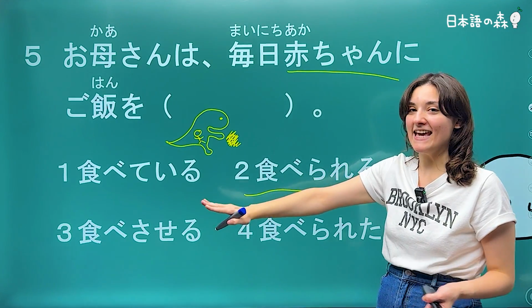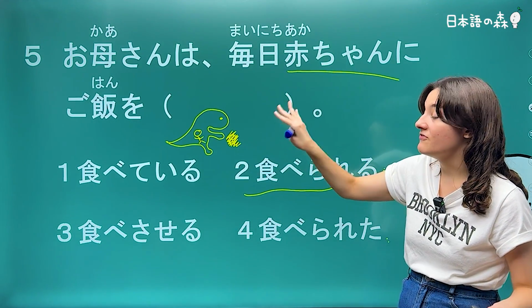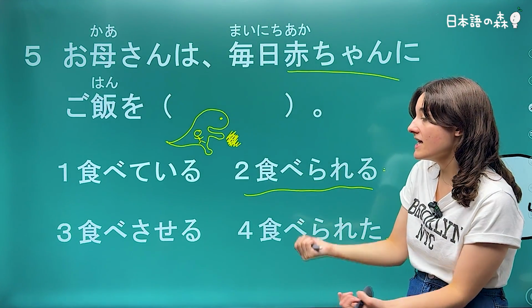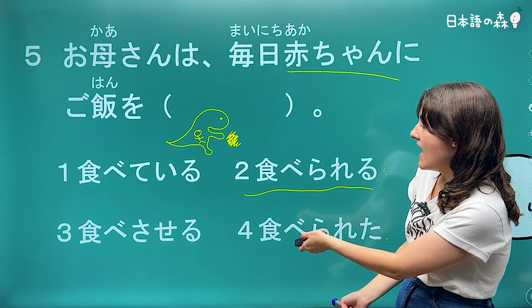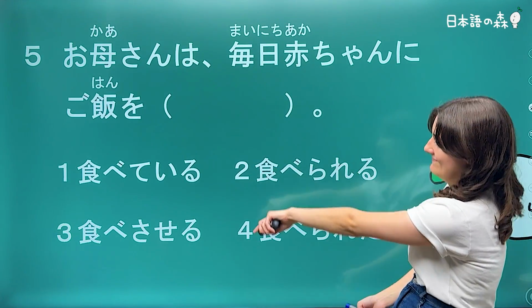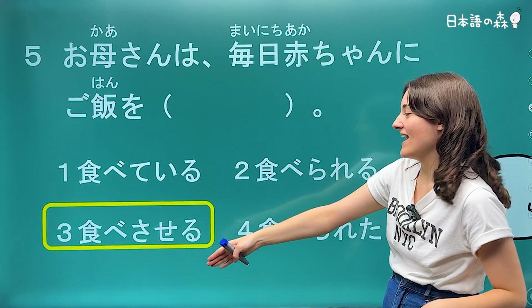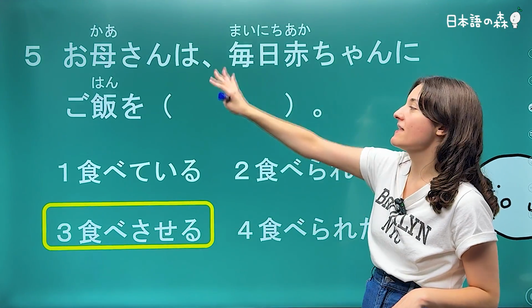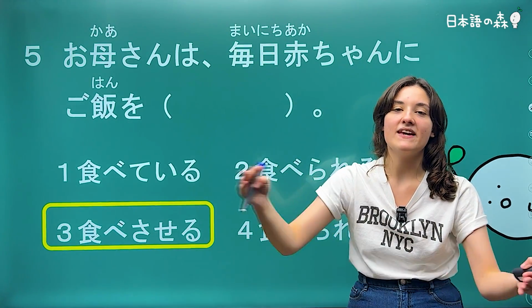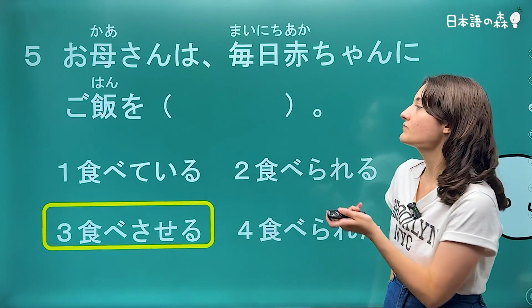So in that case, in order to say that the mother fed the baby, the mother made the baby eat, we're going to say 食べさせる. Right? 食べさせる. Because the mother is facilitating the action of the baby eating.